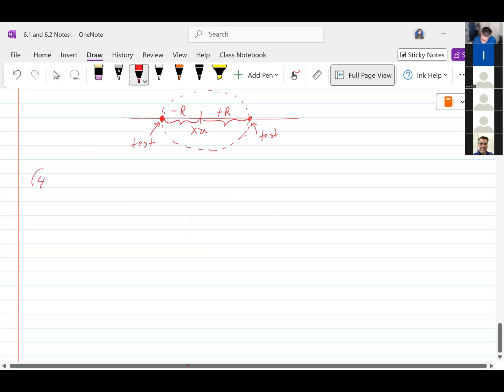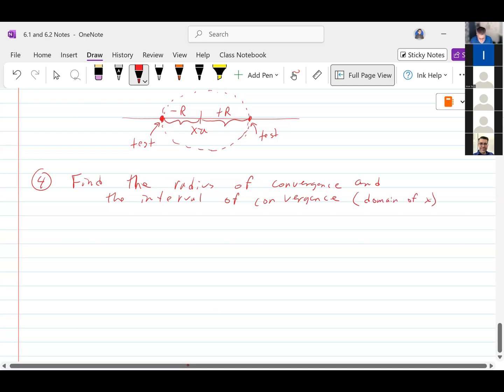Okay, let's do one last example for 6.1. Find the radius of convergence and the interval of convergence, also known as the domain of x, for the power series, the summation n equals 0 to infinity of (-3) to the nth power x to the nth, all over the square root of n plus 1.